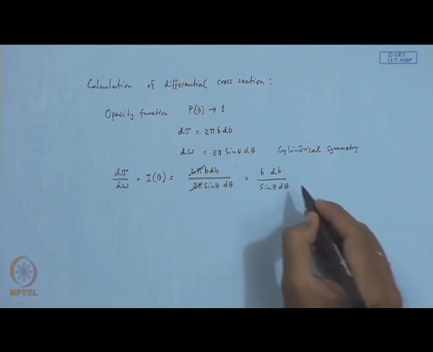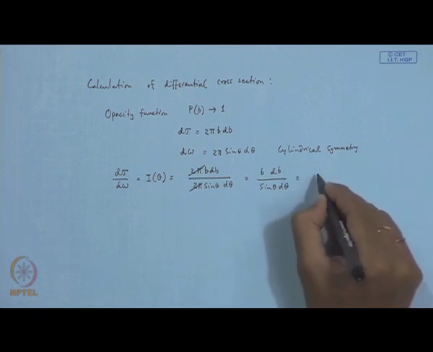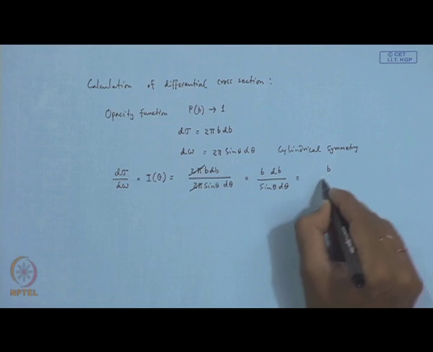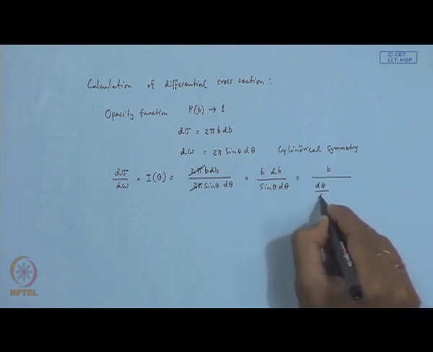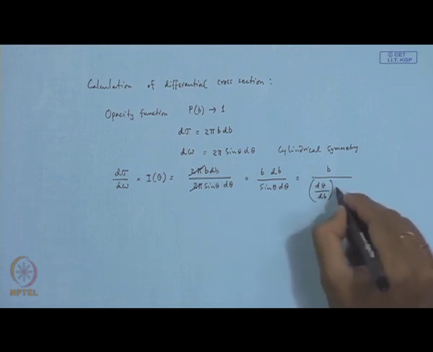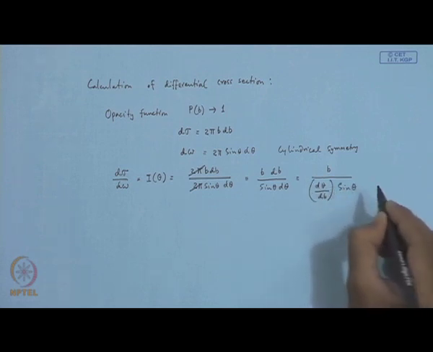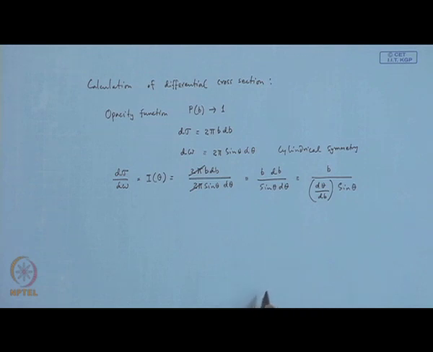Therefore it is b by sin theta times dB d theta. So the differential cross section has a relation with b.